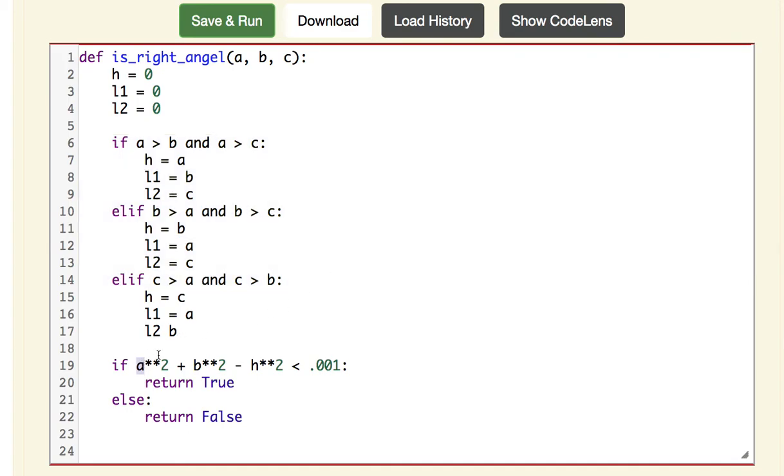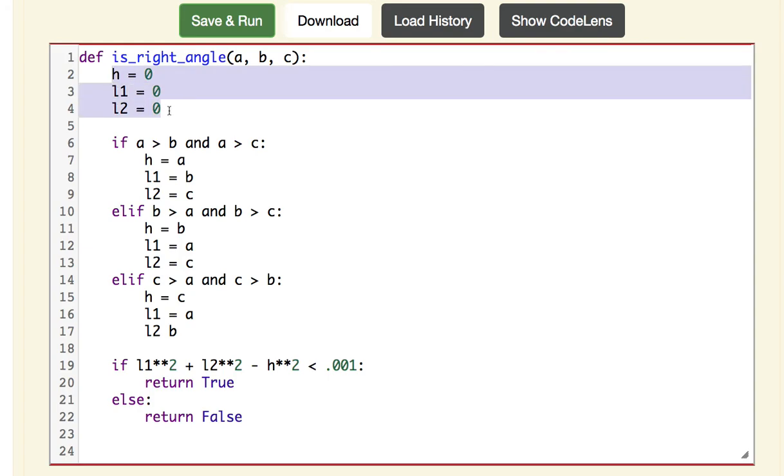So now that we're here, we could just put leg 1 right here and leg 2 right here and hypotenuse right there, and now this function will let you know if it's a right angle, regardless of if the hypotenuse is A or B or C, right? Because we have this branch here that checks and sets our variables equal to the hypotenuse and the legs.